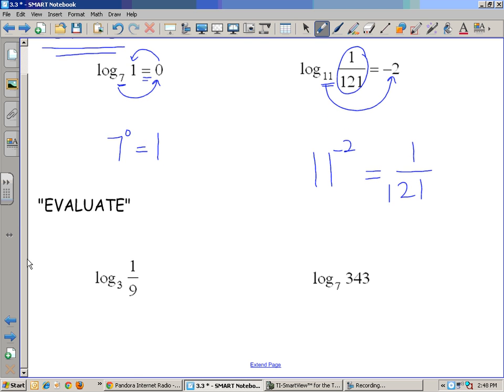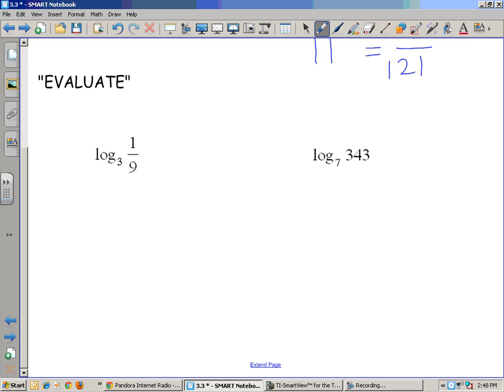Okay, the second thing you're going to have to do is evaluate. And the way that we're going to evaluate without a calculator is we're going to use this base and we're going to convert 1/9 into some form of the number 3. So it turns out that that's what you get for 1/9. That is equal to this.